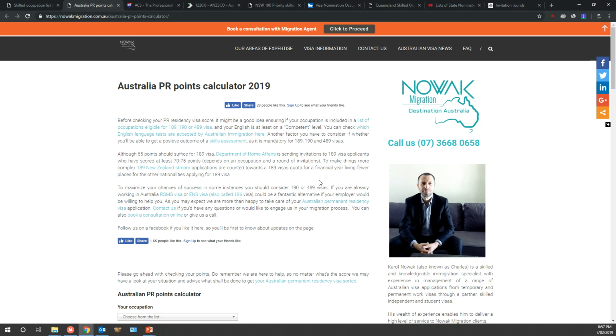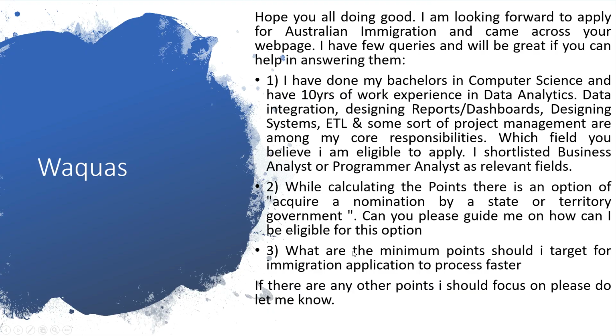Once you have the skills assessment done, check the points. So going back to the question about what are the minimum points I should target for immigration application to process faster? It's not really about faster. It's about being eligible for the visa at all. So for skilled independent 189, for IT occupation, I would say 80 points.